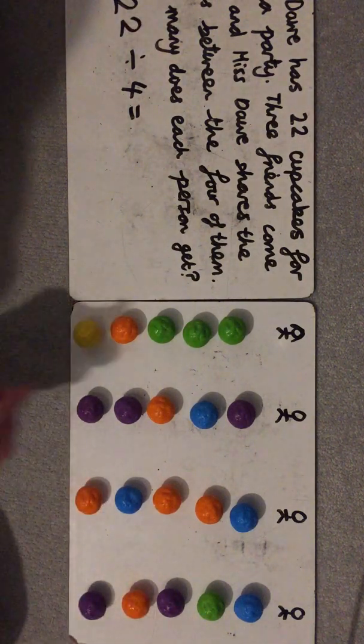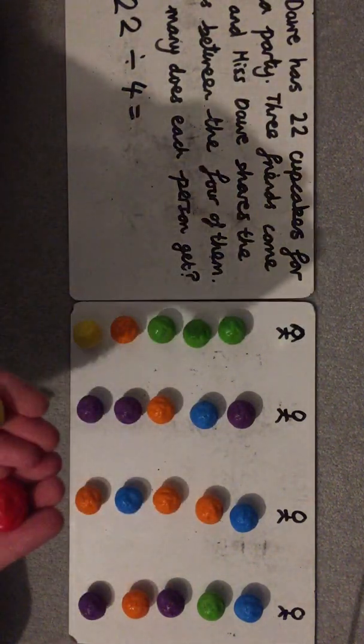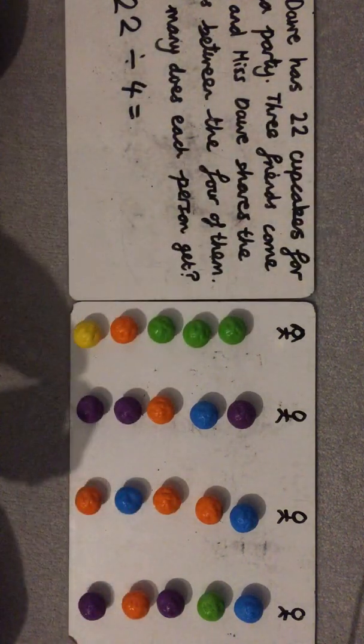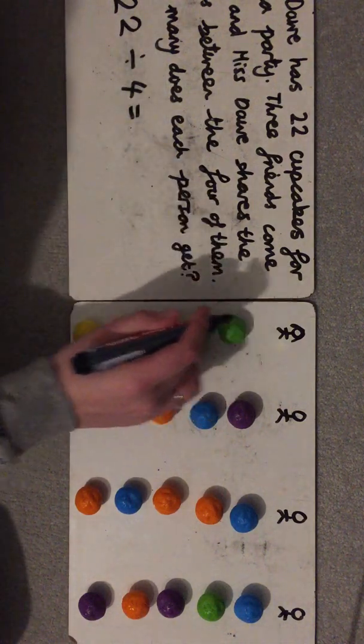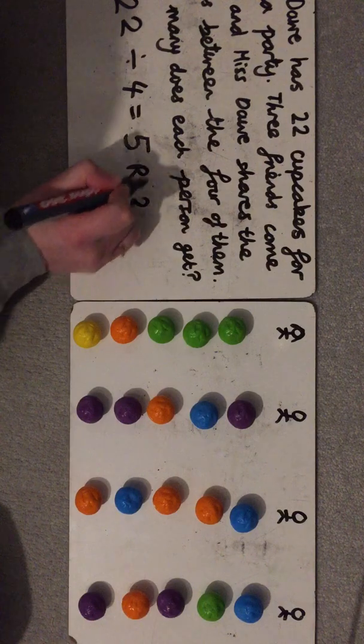So they've each got 5, 5, 5, 5. Is that good? Yeah. 21, 22. So these ones are left over or remaining. So my answer would be 22 divided by 4 is the same as 5 remainder 2.